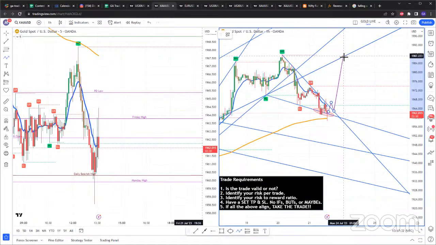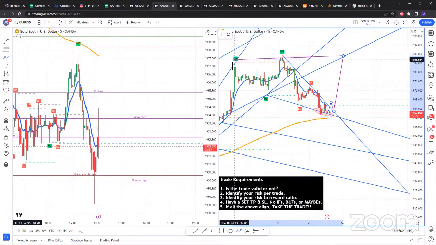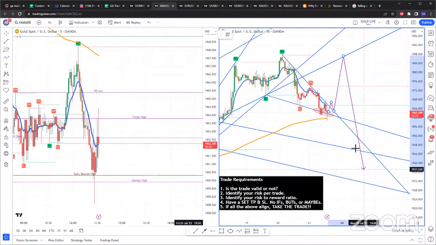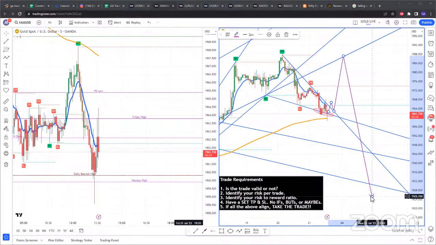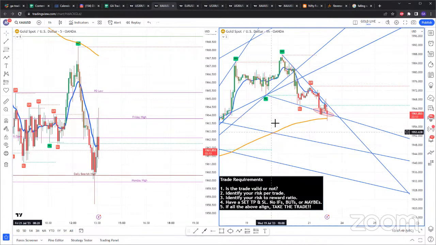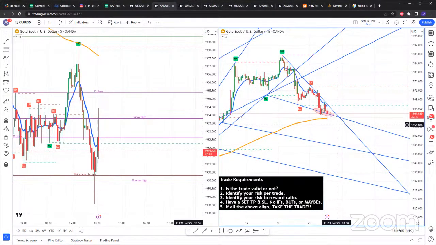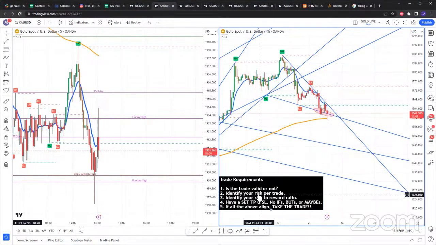Now, if it comes to here, this would form the head and shoulder pattern that I was talking about yesterday, or around that region, and maybe a rejection back to the downside. So that's what's to consider for gold. But for right now, I want to see if this falling wedge pattern plays out. If it does, then it's just something to keep in mind in the future.